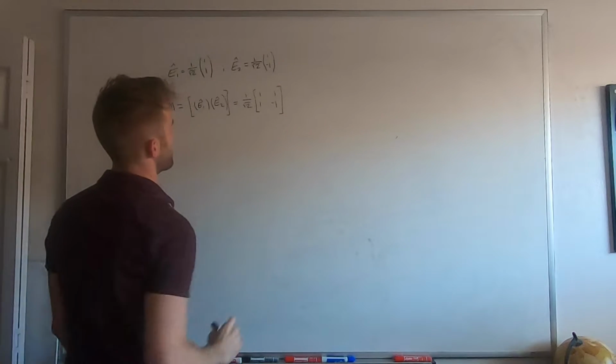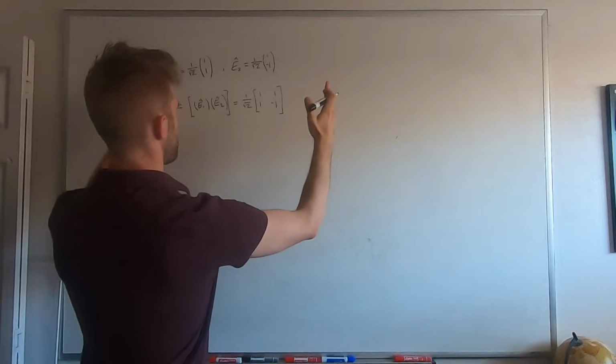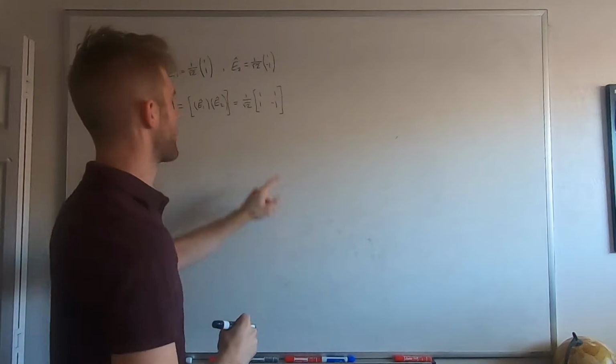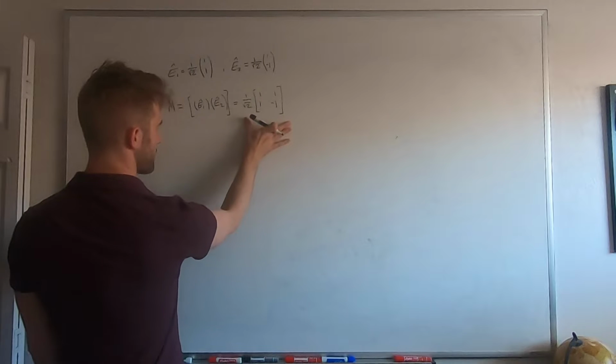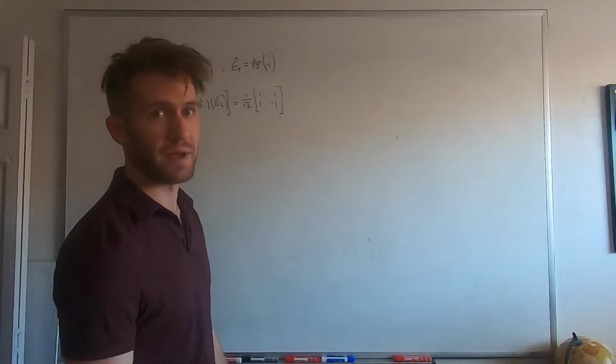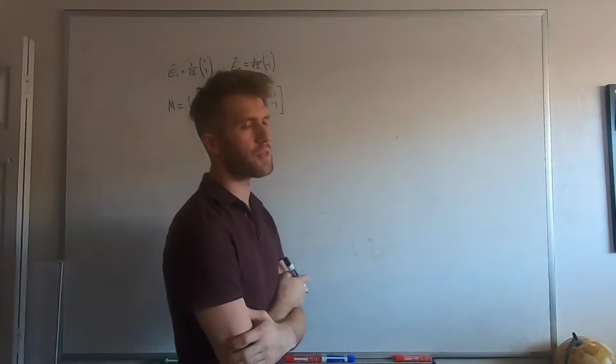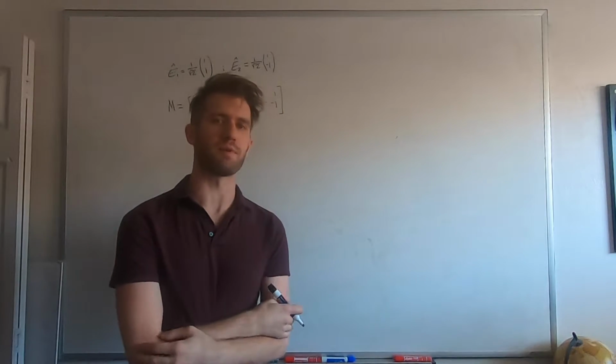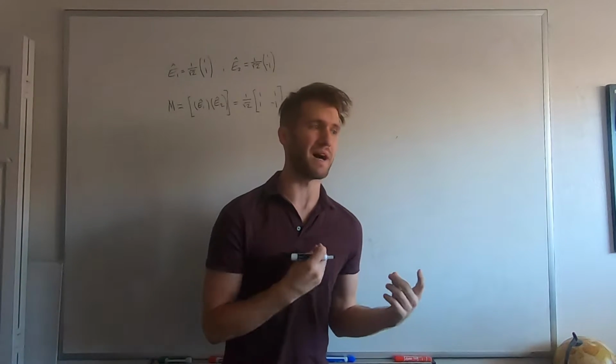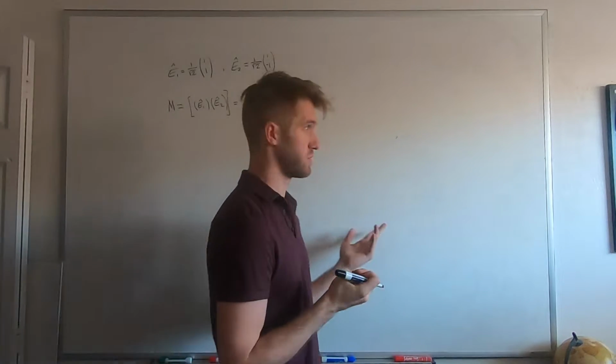You can think of it as pushing these two column vectors together, and it gives you this symmetric 2x2 matrix. Now, to verify orthogonality, we have to multiply said matrix by its inverse, or its transpose.